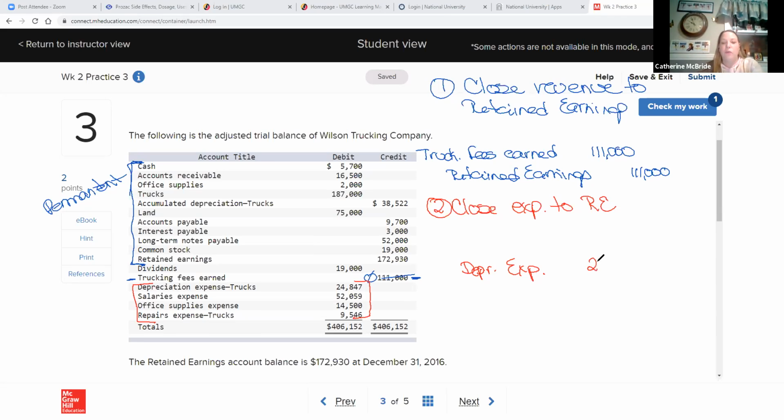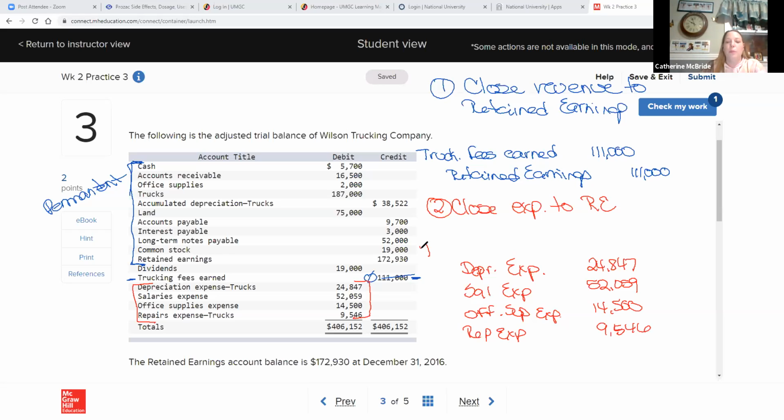So I'm going to credit that $24,847. I'm going to credit salary expense, $52,059, and office supplies expense, $14,500, and repairs expense, $9,546. And I'm going to put that into retained earnings.